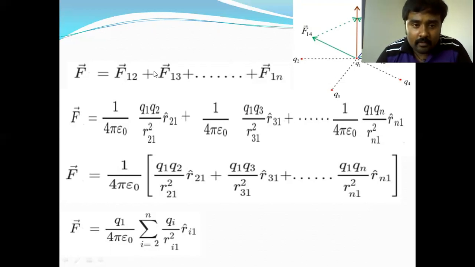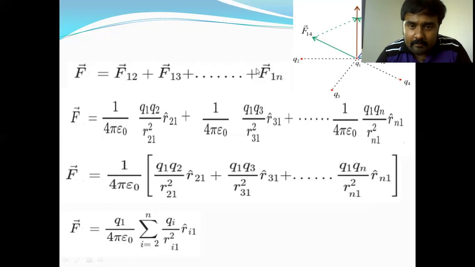And F13 vector means the force acting on plus Q1 due to plus Q3. That is 1 divided by 4 pi epsilon naught, Q1 Q3 divided by R31 square, R31 cap, plus so on.